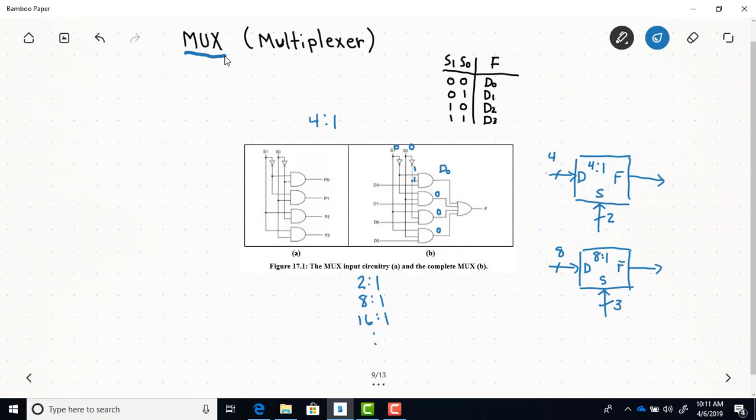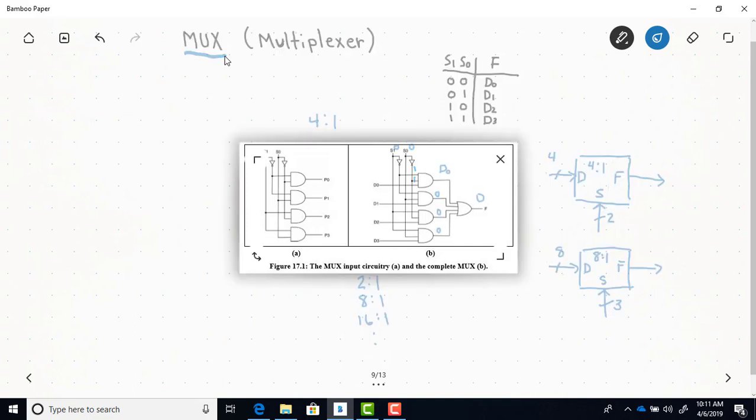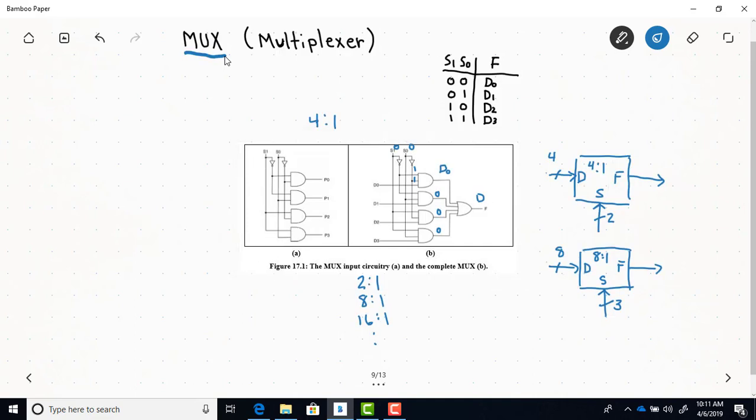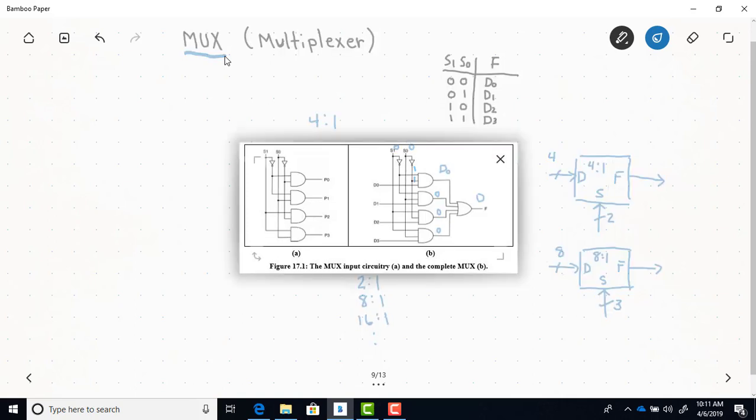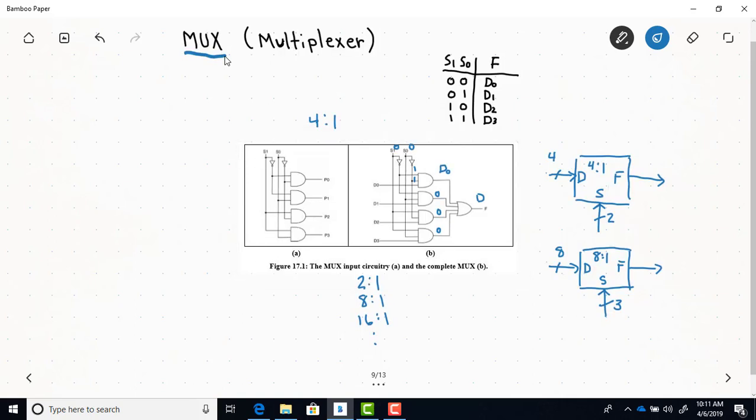Since these inputs coming from these bottom AND gates are always 0, its output also is going to depend on just what D0 is, and therefore D0 gets passed through to the output. I'm in trouble with the tablet here, but this would be D0.